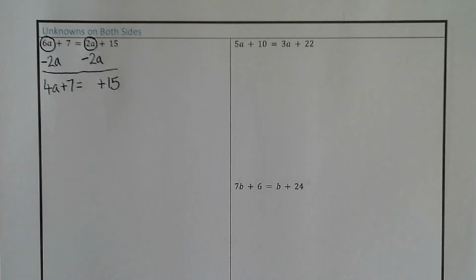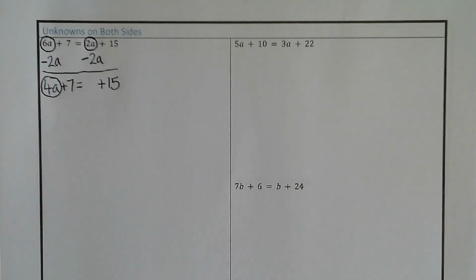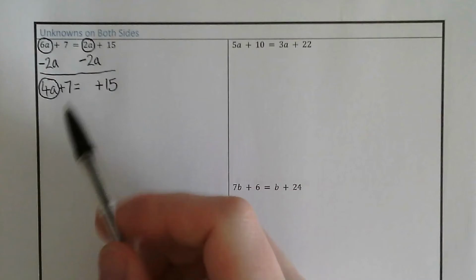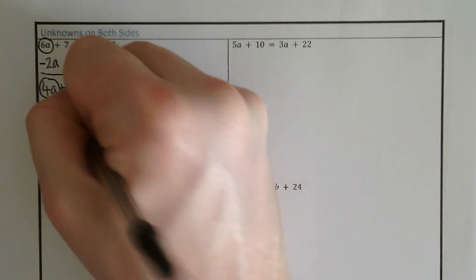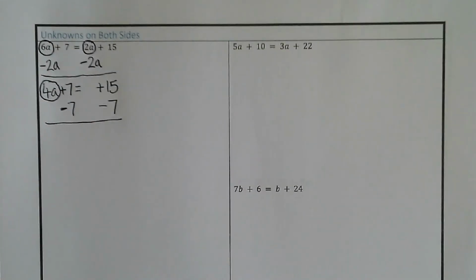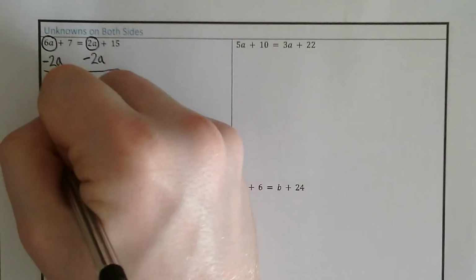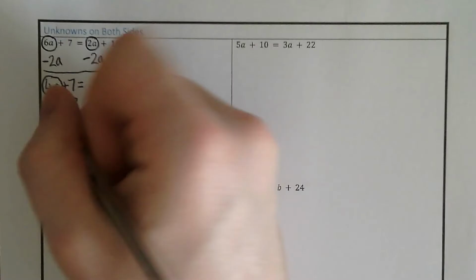I need to isolate the 4a term, as that still contains the variable. This means I need to undo the plus 7 to have 4a completely by itself. So we're going to subtract 7 from both sides of the equation. The 4a is going to drop down. Plus 7 take away 7 cancels each other out.